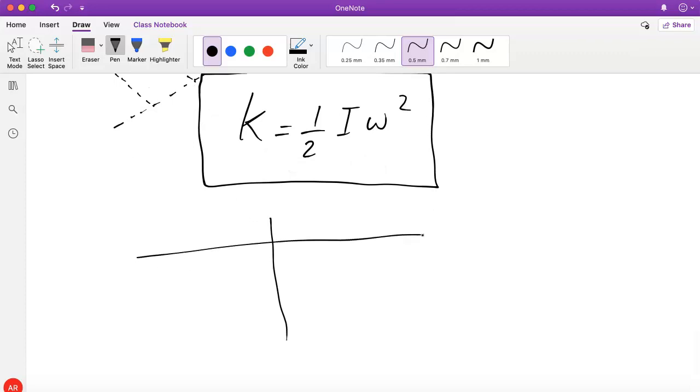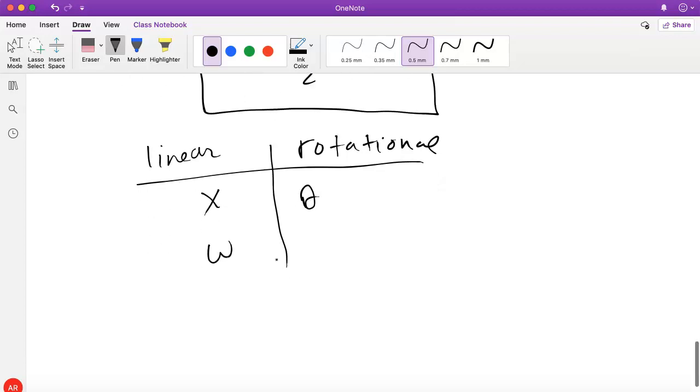So if we think about this table that we started talking about in the beginning of the course, we had position and angle as an analog, and velocity and angular velocity.